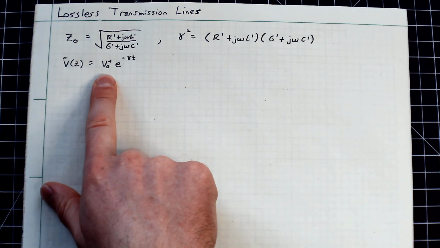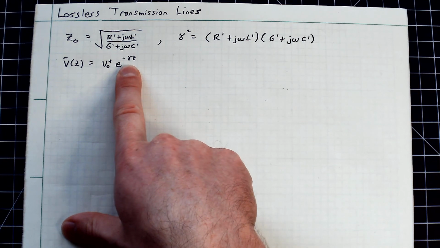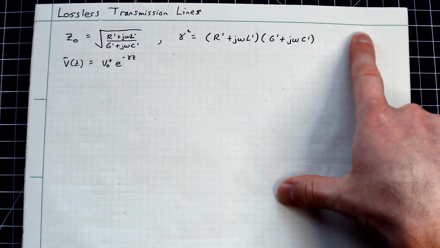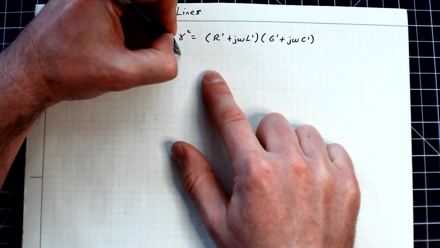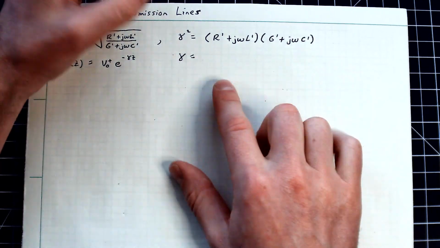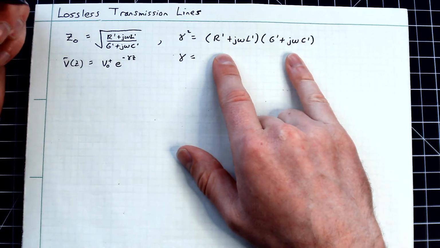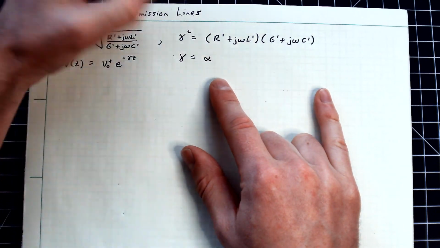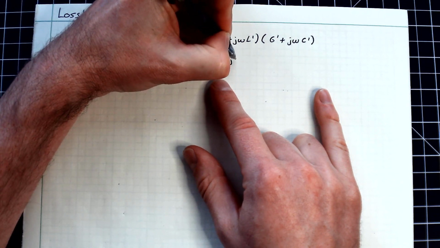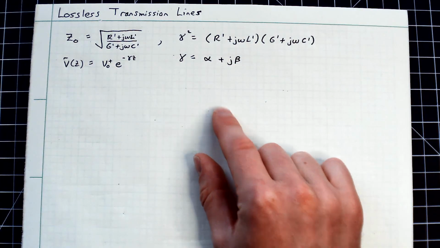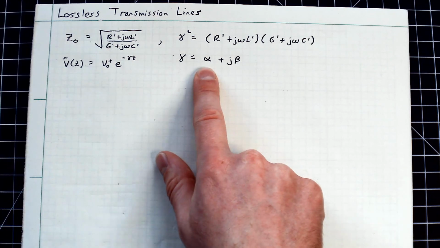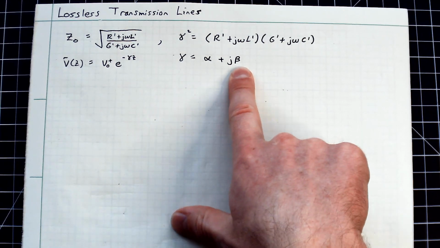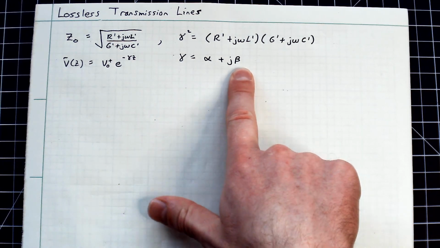So you have some amplitude on the wave, and I had this propagation constant here, in which if you take the square root of this thing, you would get some big complicated expression, but at the end of the day, it'll have a real component, alpha, and an imaginary component as well. This term here is called the attenuation constant, and this is the phase constant.